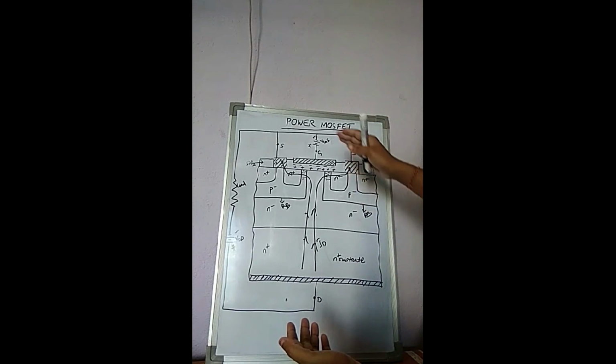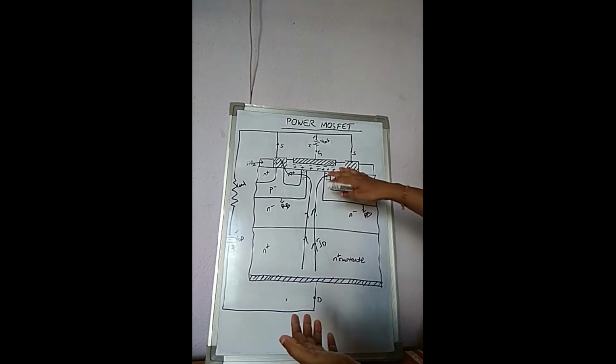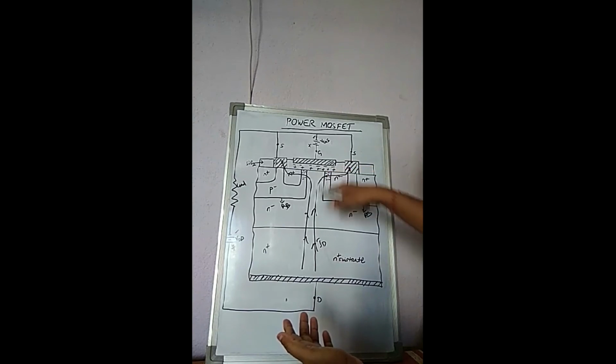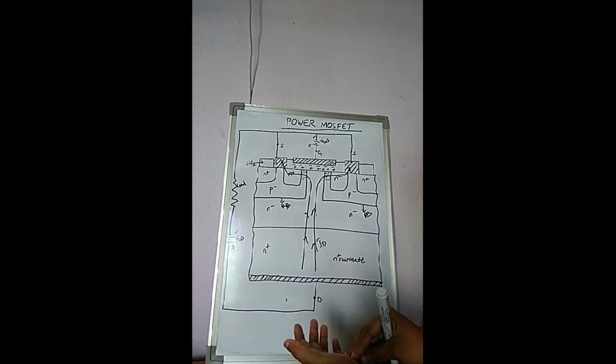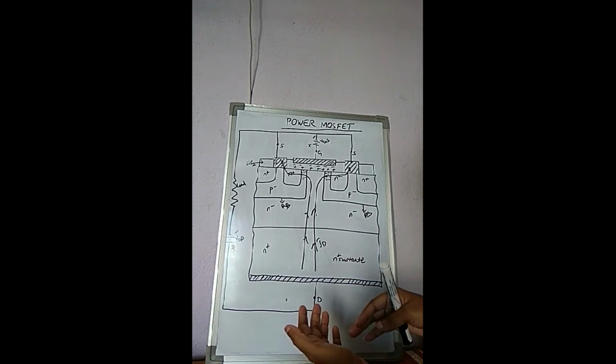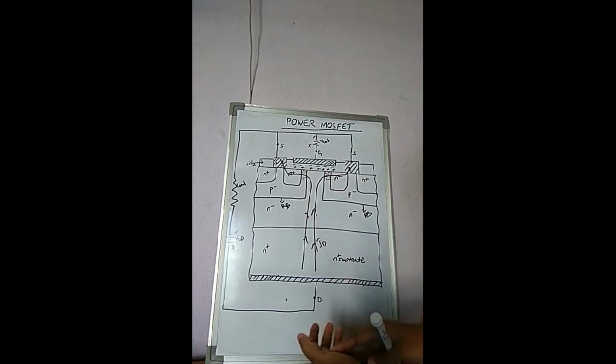That's why this type of structure is mainly used for high power applications, because due to the short length of the N channel, less power is dissipated during conduction. Here the conduction is mainly due to the majority carriers. In the N channel, majority carriers means electrons.